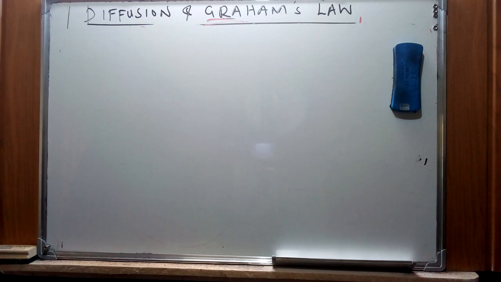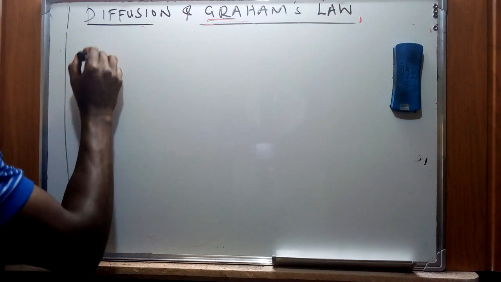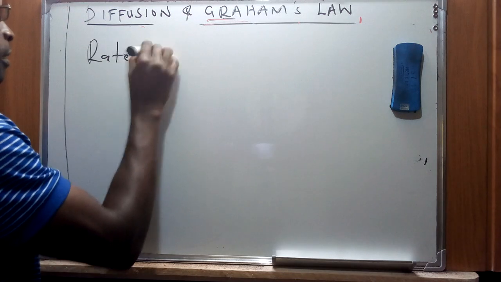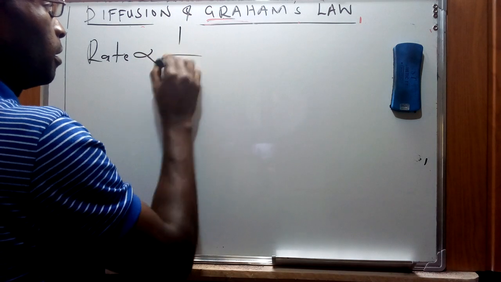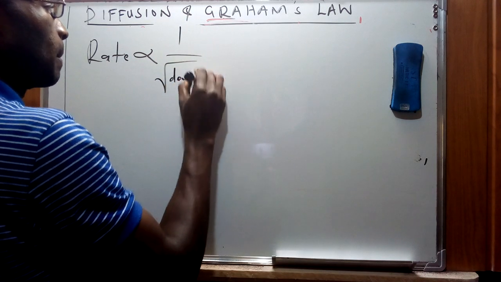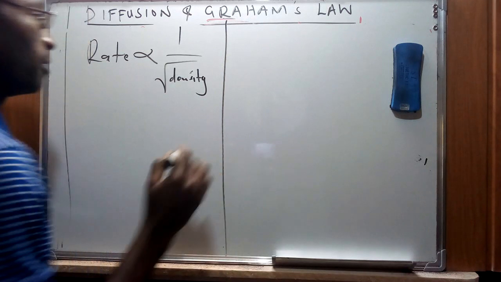So we have said that Graham's law states that under the same conditions of temperature and pressure, the rate of diffusion of a gas is inversely proportional to the square root of its density. So we can give this as the rate being inversely proportional to the square root of its density. So this is for a specific gas.